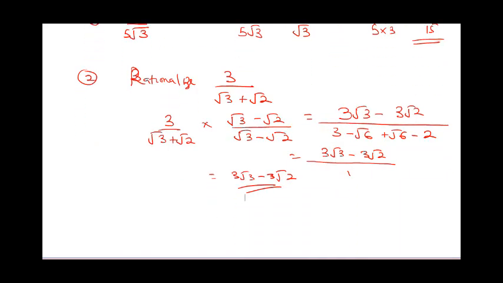Now we're going to attempt one more example before we leave you. The next question says we should rationalize 4 over root 5 plus root 3.